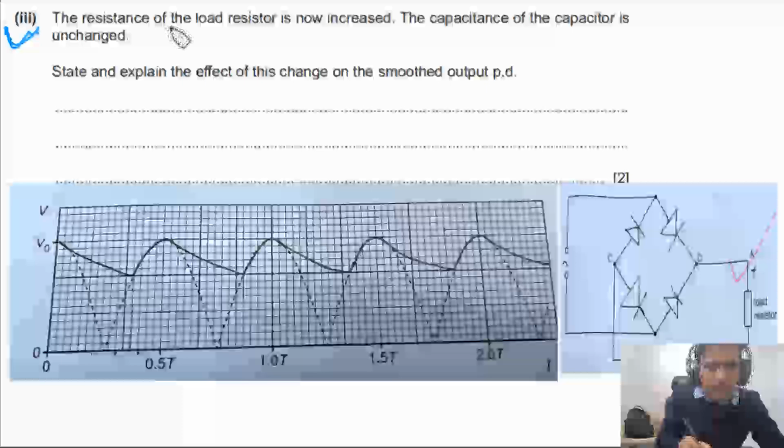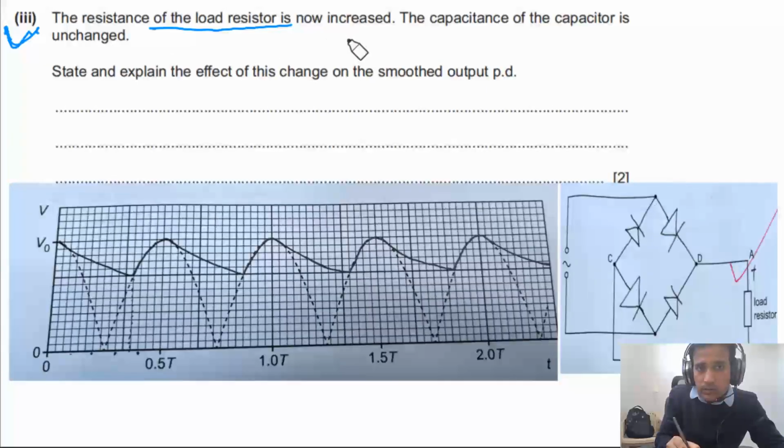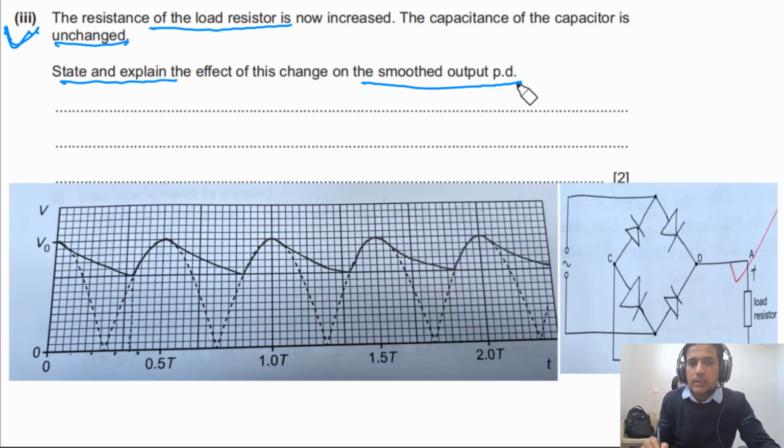The third part says the resistance of the load resistor is now increased. The capacitance of the capacitor is unchanged. State and explain the effect of this change on the smoothed output PD. So what is the effect on output PD? Or we can say, what is the effect on ripples?